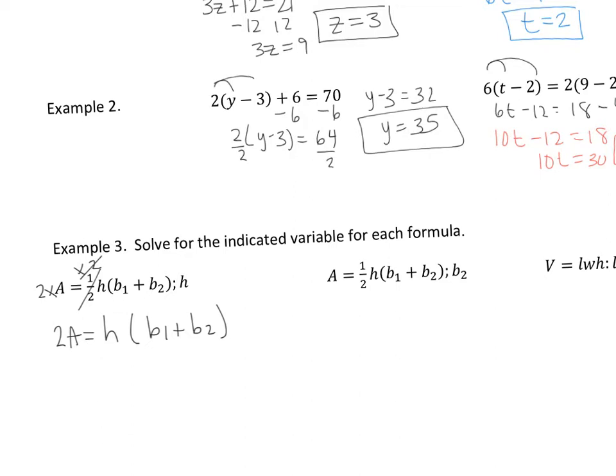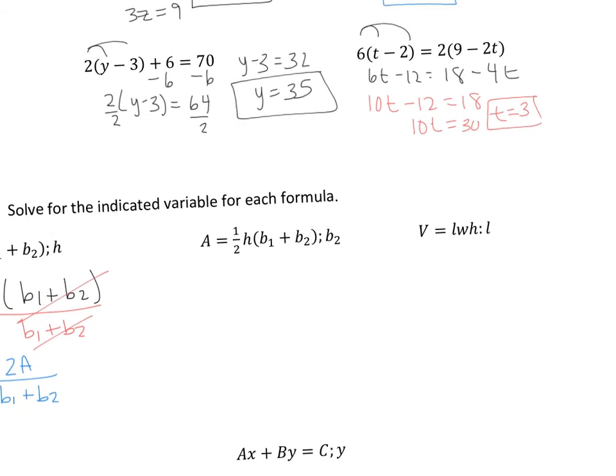Because you're multiplying h times b1 plus b2, I'm going to divide both sides by b1 plus b2. This cancels out, this cancels out. So in the end, you have the height equals twice the area divided by base 1 plus base 2.